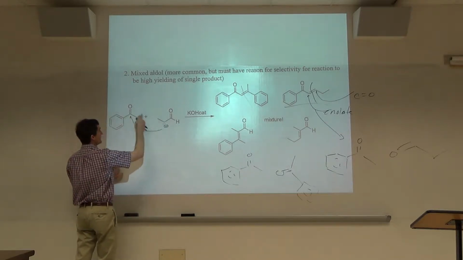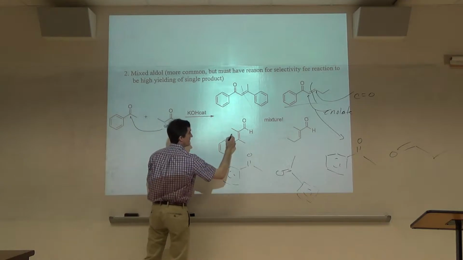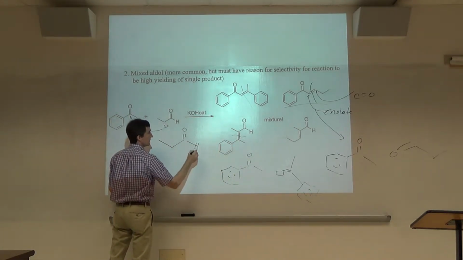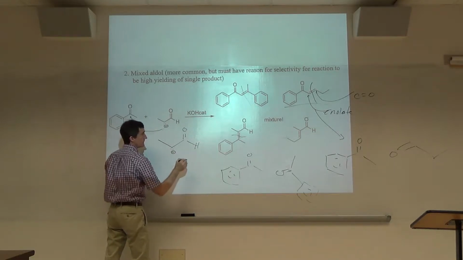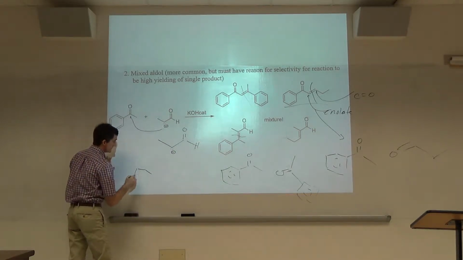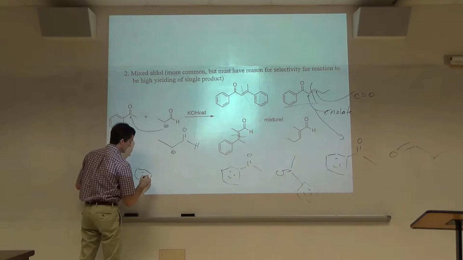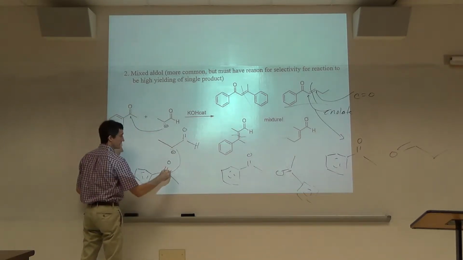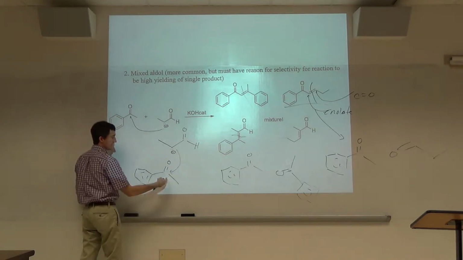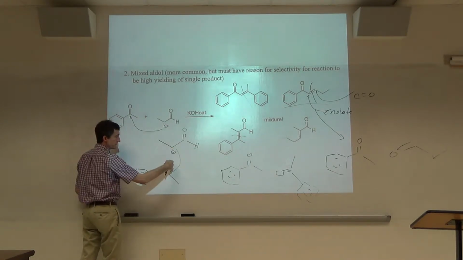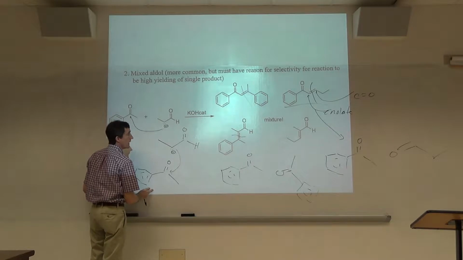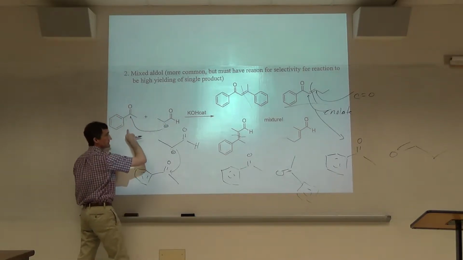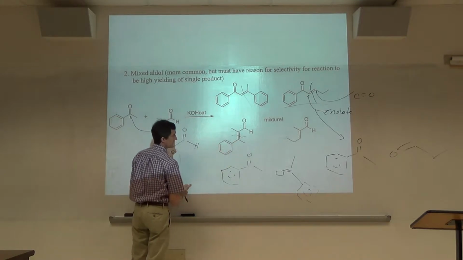So that's the enolate, and this is the carbonyl. Break this apart into enolate plus carbonyl. This attacks here, you make aldol, you lose water to make the double bond. Yeah, that reacts with this to get that.